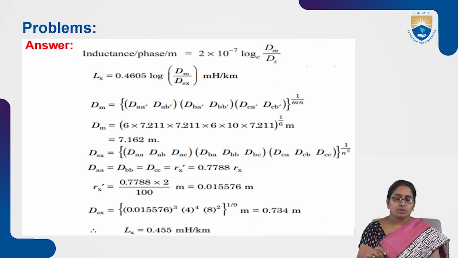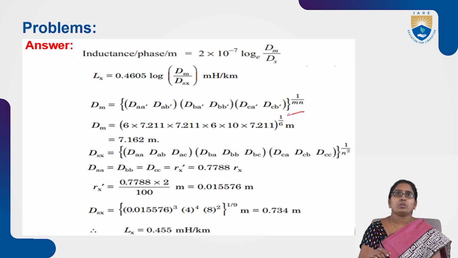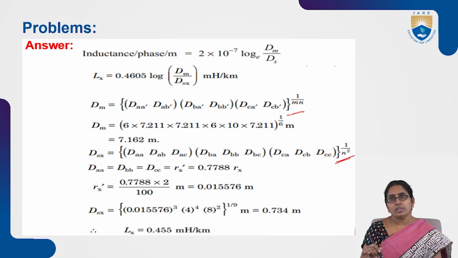This is the mutual GMD, the DM. In the power we have the mn-th root, and in the self GMD we have the n-squared root. I hope you remember that.